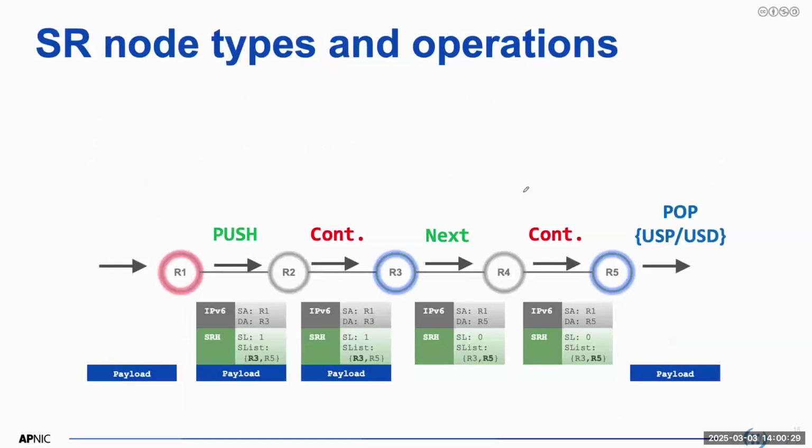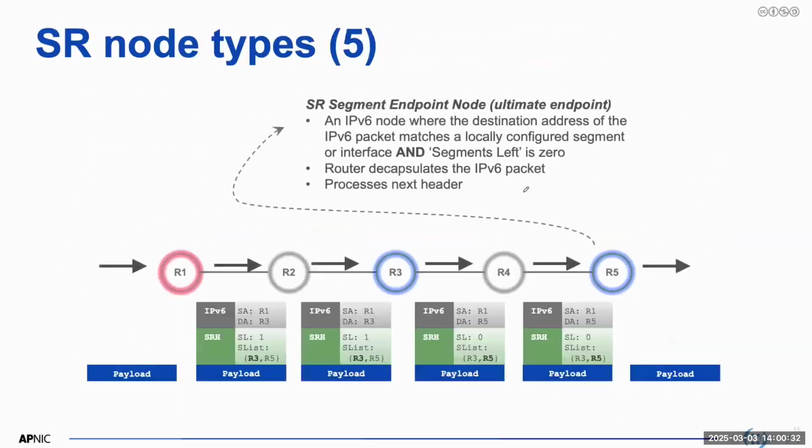If I go back to the example, if I do not need the segment routing header, I can just put the R5 address here instead of R3. If I put R5, the packet will still go to R5. So without having the segment routing header, I can achieve the same thing. The next device will look at R5 and forward the packet to R3. R3 will look up the destination, see R5, and forward to R4.